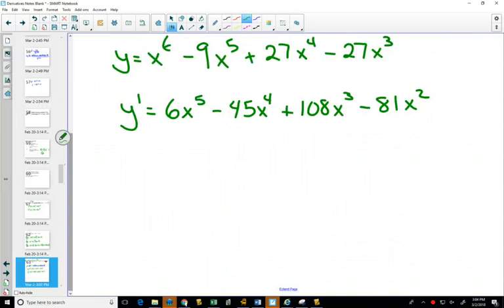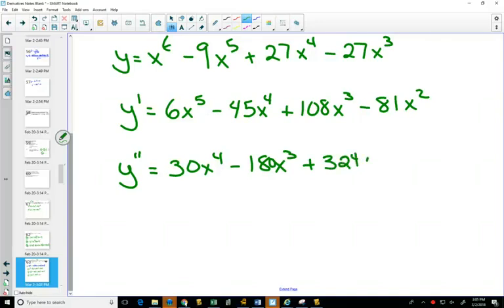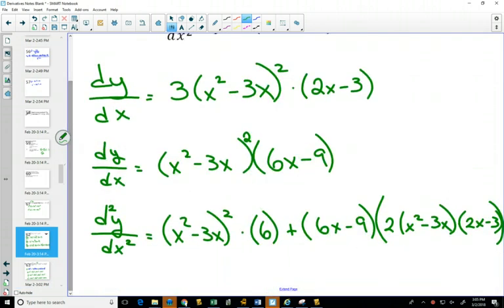And then we take the derivative of that for our second derivative, 30x to the 4 minus 180x cubed plus 324x squared minus 162x. And that is the simplified form of this.